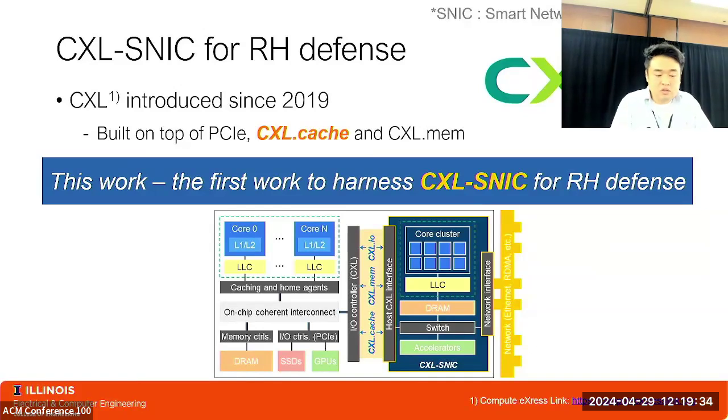At a high level, it uses the high-speed and low-latency PCI Express link, but provides a rich set of features, including CXL.cache for device-to-host cache coherence and CXL.mem for host-to-device cacheable memory access. Compared to PCI Express-based SmartNICs, CXL-based SmartNICs can potentially offer unprecedented efficiency and capability by efficiently accessing the host memory space. This paper is the first work to harness the CXL-based SmartNIC for Rowhammer mitigation with the CXL.cache feature.